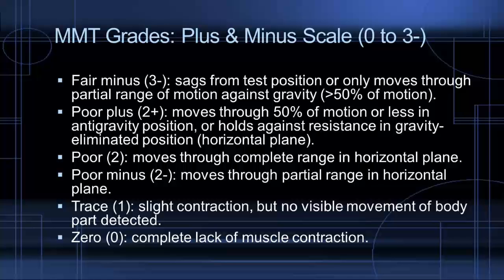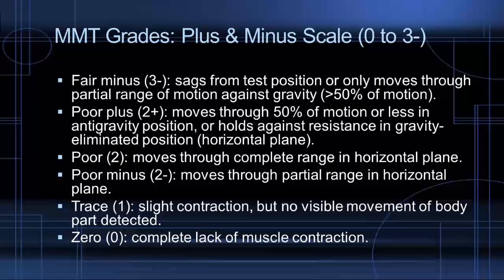Fair minus, so they sag from the test position, or they only move through a partial range of motion against gravity. So maybe they can move through a complete range of motion in the horizontal plane with gravity eliminated, but maybe they can go through more than 50% of their range of motion against gravity. So not quite a 3, but a little better than a 2, right? So a 2 plus, they move through 50% of their motion or less in the anti-gravity position.